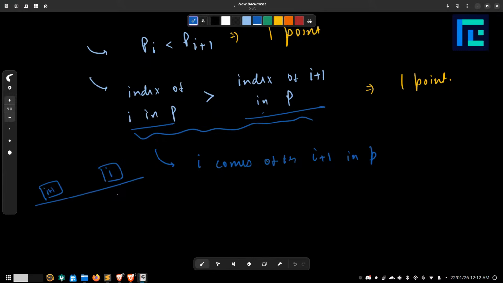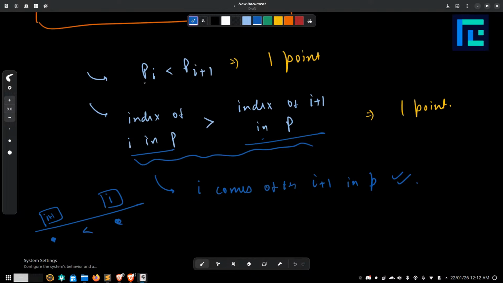Only then will the index of i be greater than the index of i plus 1. So we can write this as i comes after i plus 1 in P. Right? So we get 1 point if Pi is less than Pi plus 1, and 1 point if i comes after i plus 1 in P.